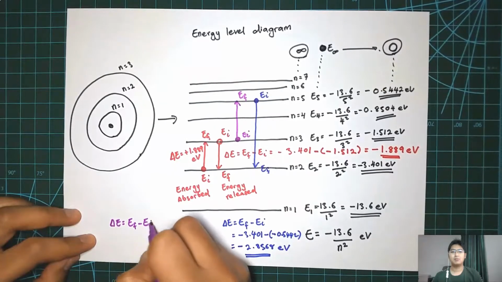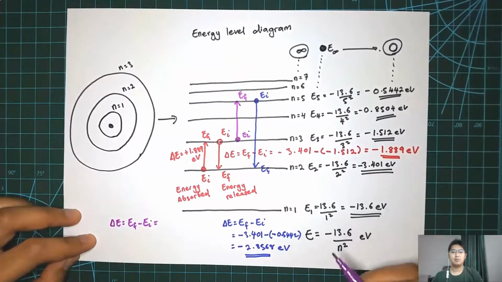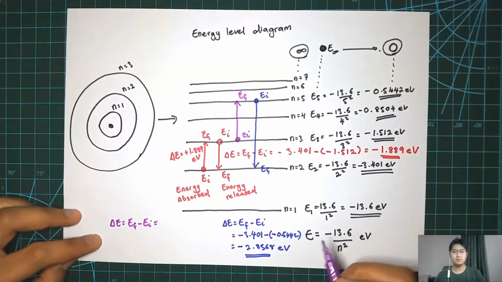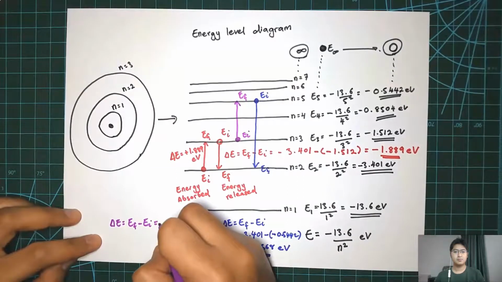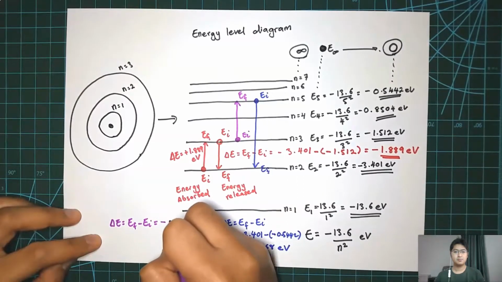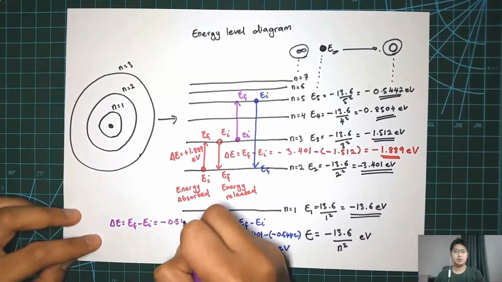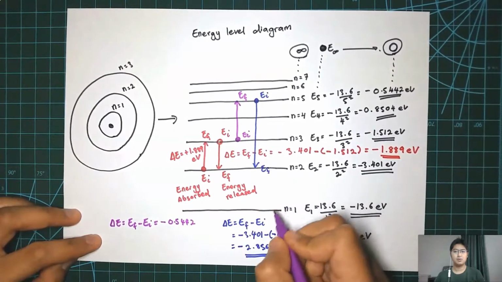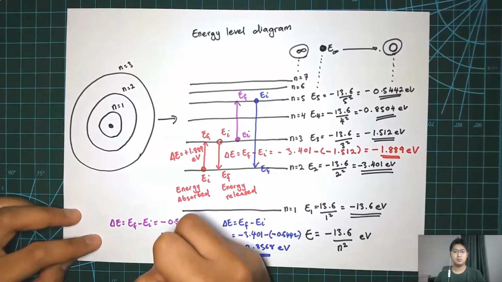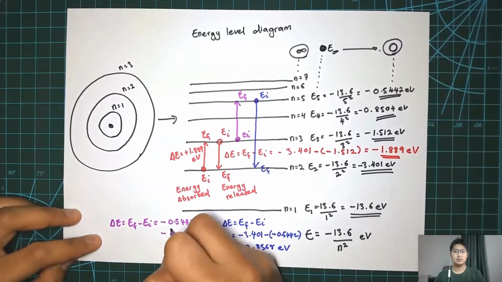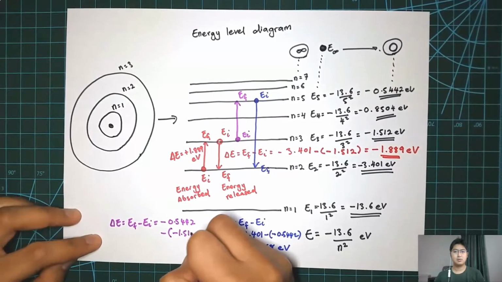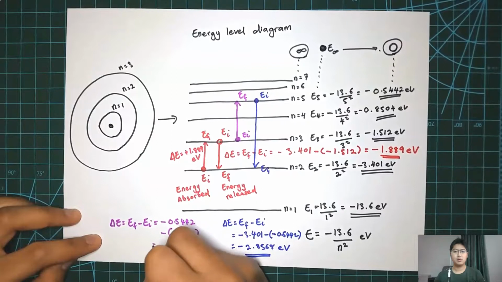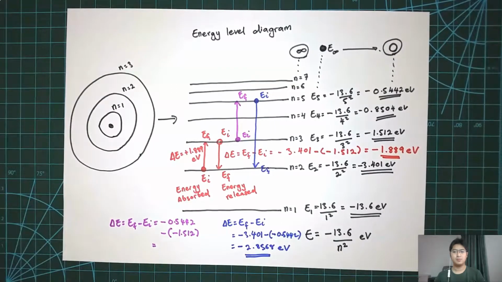So energy level 5, negative 0.5442, minus negative 1.512.